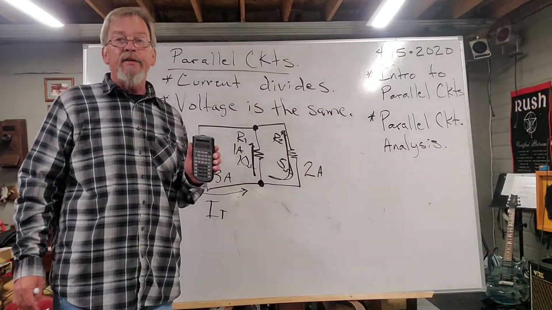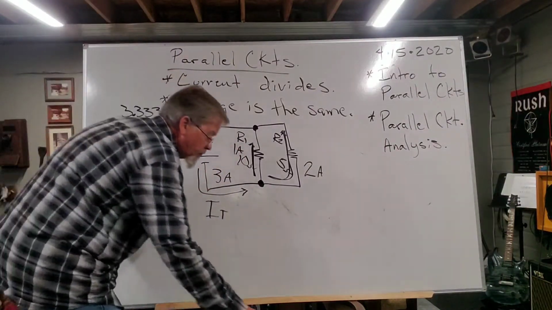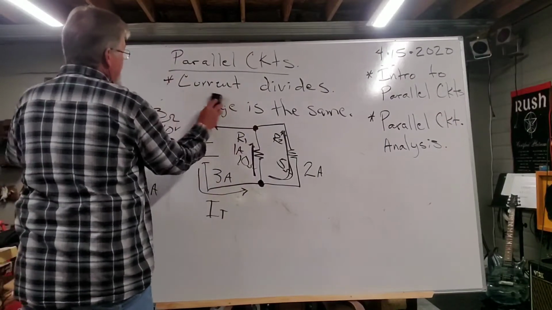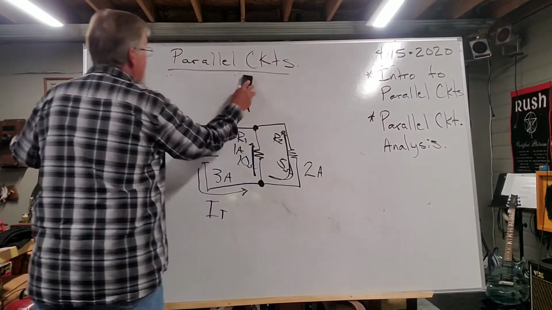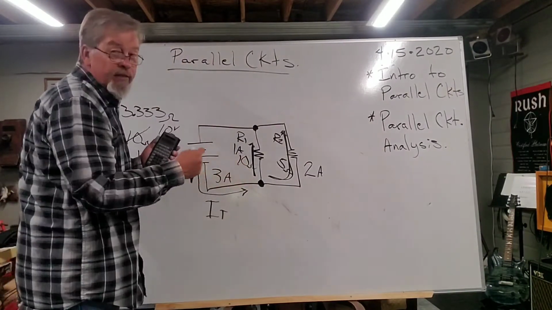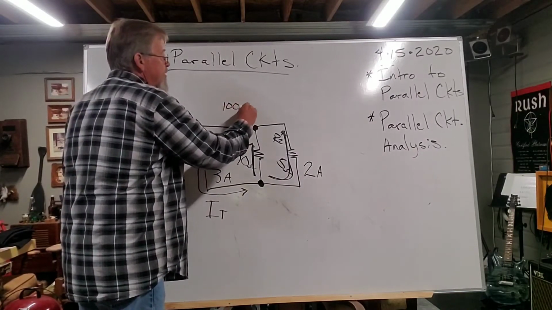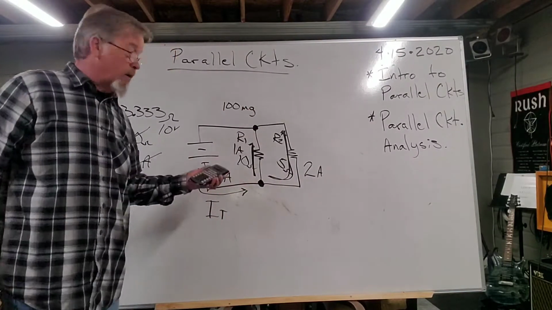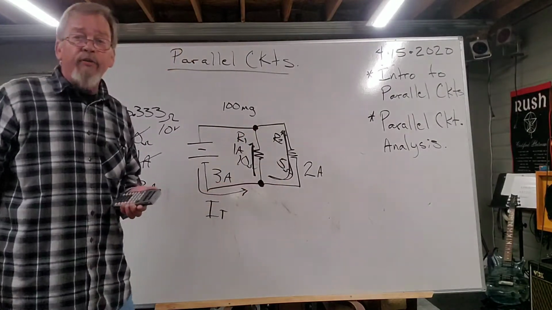Since I'm finding conductance, it's millisiemens. So I took the resistance on 1 over X it, and I got 100 millisiemens conductance in this path with R1. Same thing over here with R2.